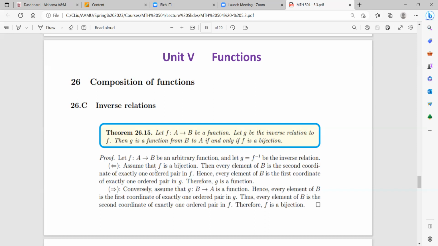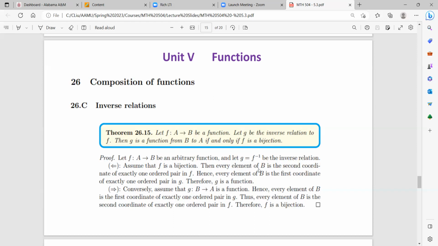So first, let's assume that f is a bijection. Then we need to show that its inverse relation is a function. What it means to be a bijection is that every element of B is the second coordinate of exactly one pair in f.